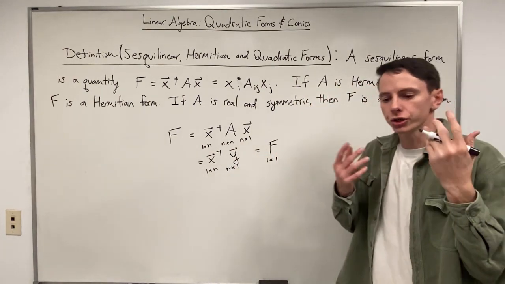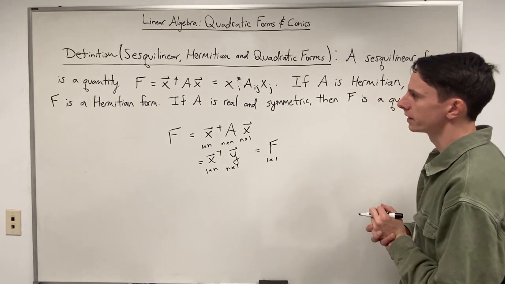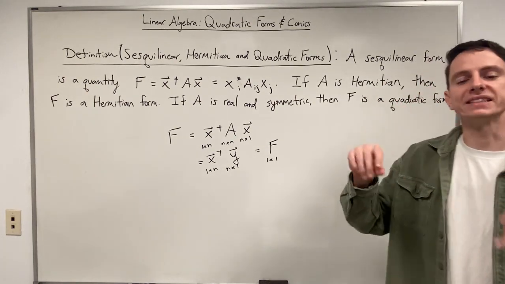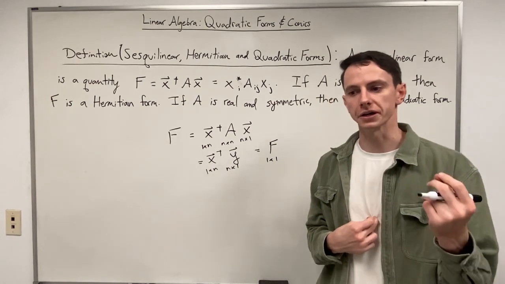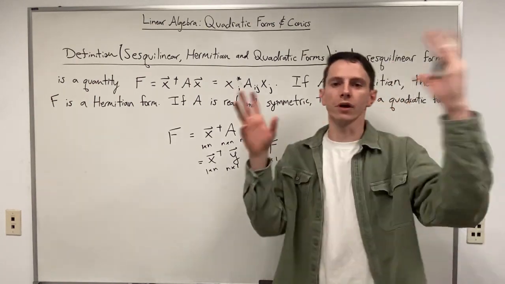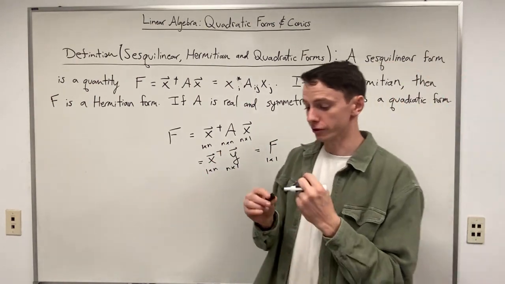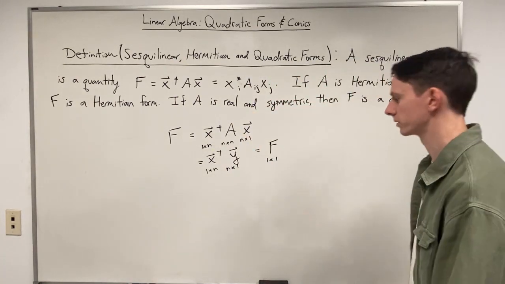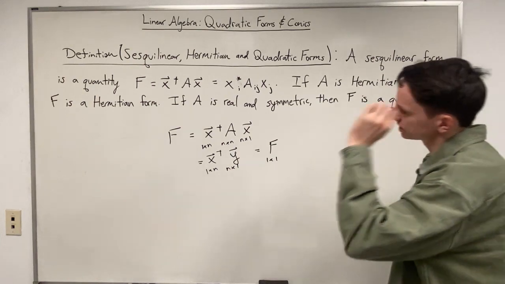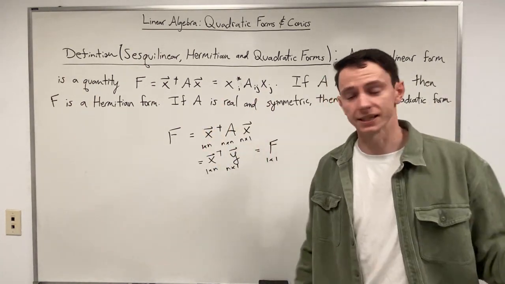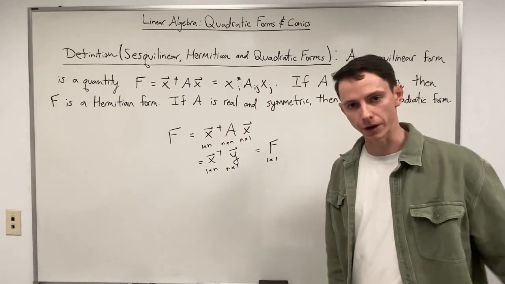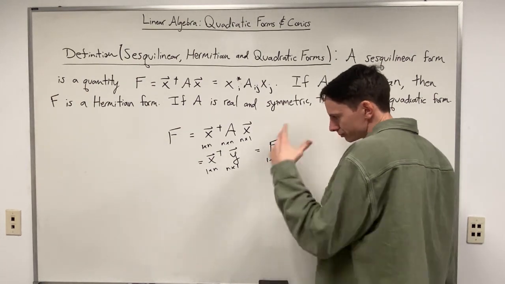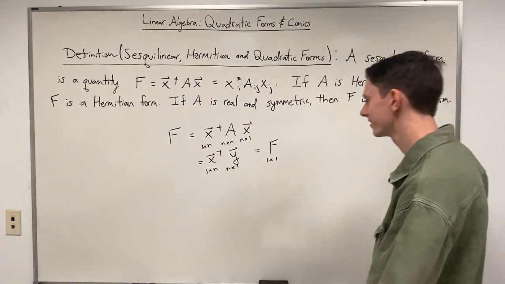So how we should interpret this is that a sesquilinear form is inherently a scalar quantity. Even though a lot of the objects in the linear algebra universe are vectors and matrices, these quantities are inherently scalars. Now, hopefully that makes sense. This is all still very general, right? We haven't provided any examples yet.